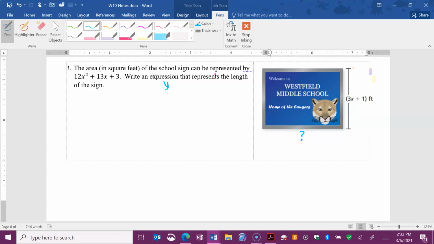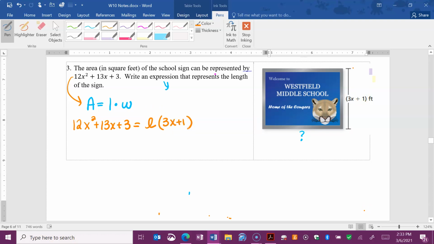So remember, area is equal to the length times the width. We're given the width and the area. So let's go ahead and plug in the area is 12x squared plus 13x plus 3. We're looking for that length, and the width is over here, 3x plus 1.